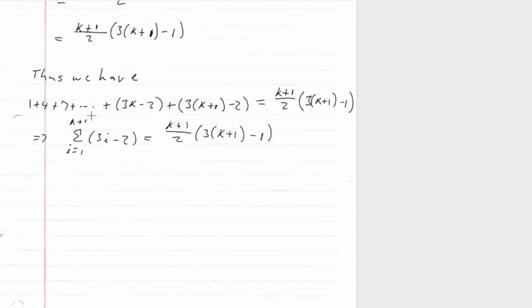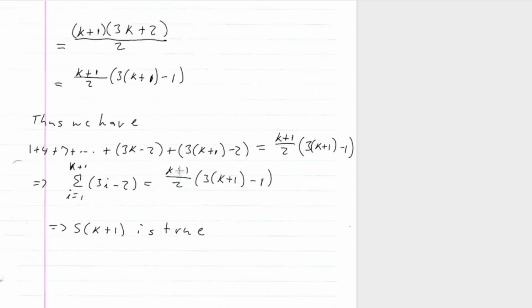So we're able to show that it works for the next term, k plus 1, assuming that the formula worked for the kth term, right? So this implies that the statement concerning k plus 1 is true, right? So this is essentially what the principle of mathematical induction wants to do, right?